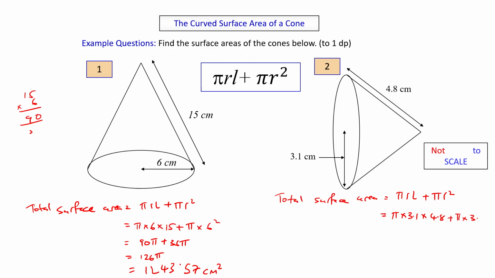So that's 3.1 squared. This time, we haven't got such nice numbers, so plug them straight into your calculator, and that should give us 76.94, I believe. Whoops. And the units are centimeters squared. Okay. Hit pause, make some notes on those examples, and when you're ready, I've got a couple of questions for you.